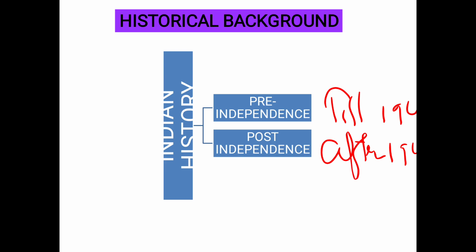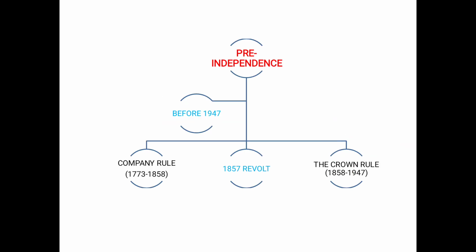What is the chronological order of the acts and regulations of that time? You can see the pre-independence era, which is before 1947, has again been divided into two parts: company rule and crown rule.